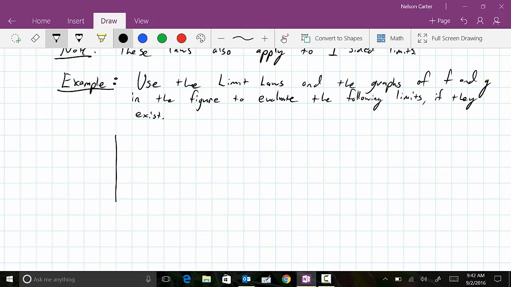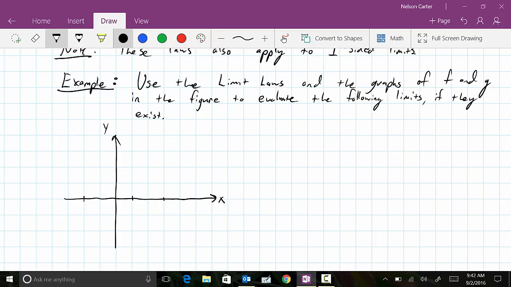Okay, so let's look at this problem. Okay. This is 1, say this is -2. Those are going to be a few important values that we have.